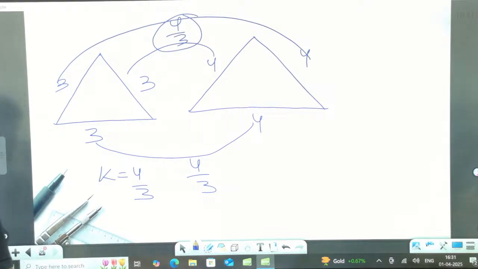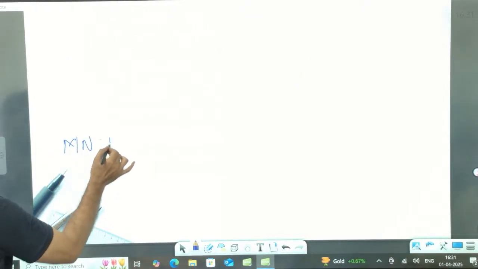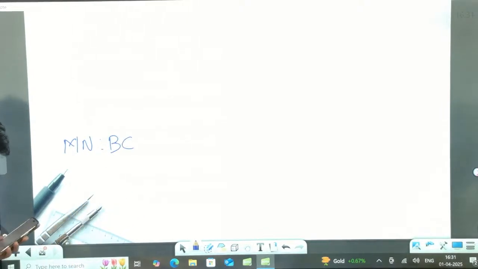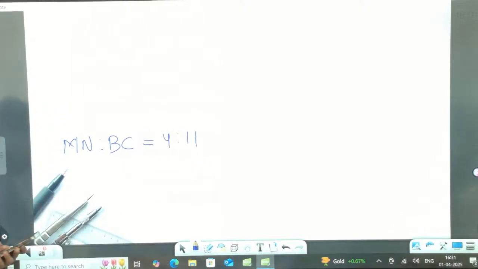If the ratio of MN is to BC is 4:11, then find the length of AM if the length of AC is 22 centimeter.